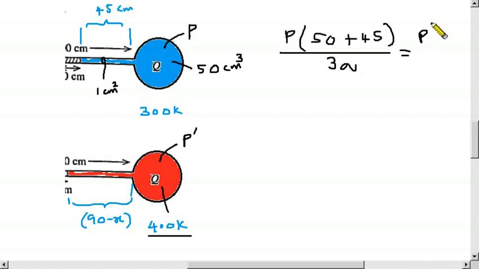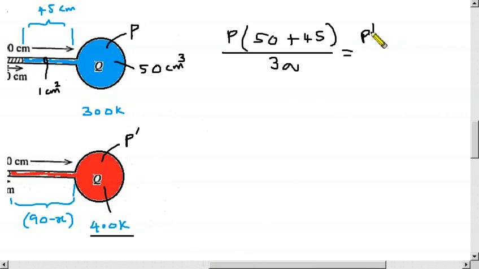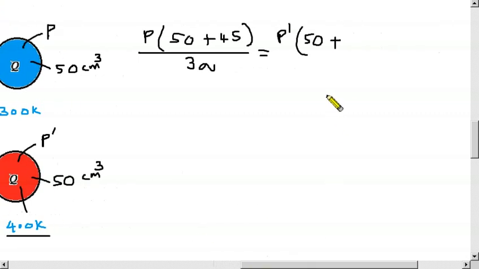equals P dash, the pressure, new pressure, volume 50 plus this 50, you have to keep in mind volume of the bulb, plus 90 minus x, x times 1, actually times 1, we don't have to write that, divided by 400.